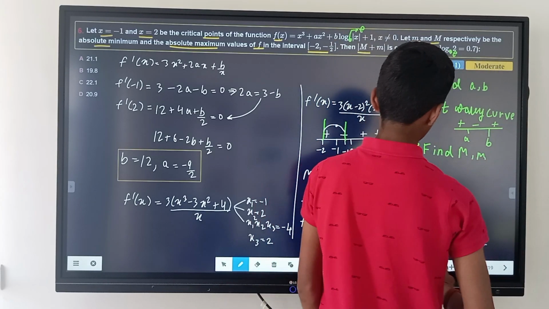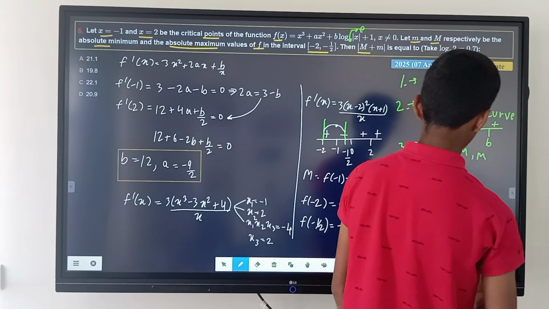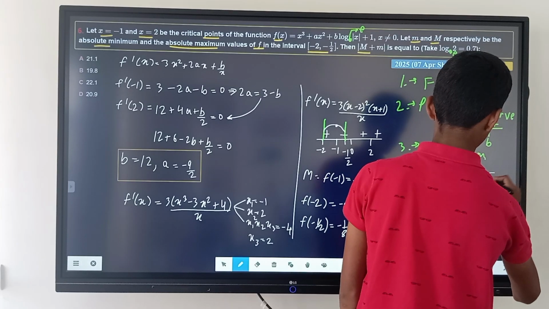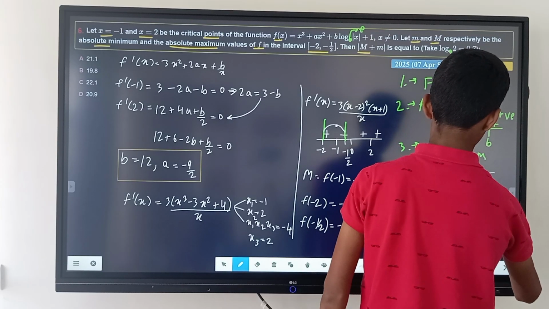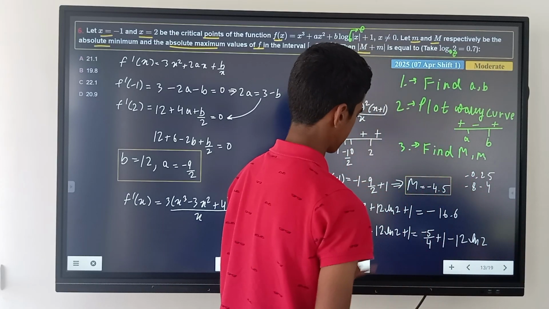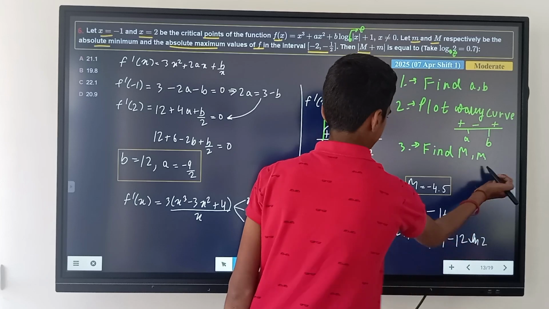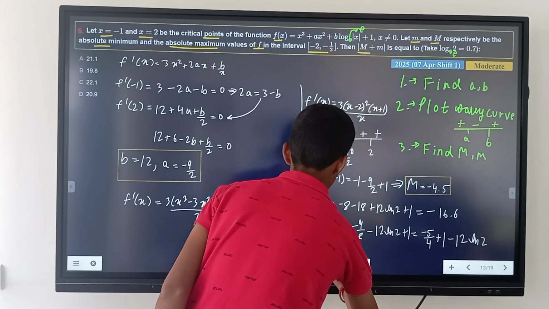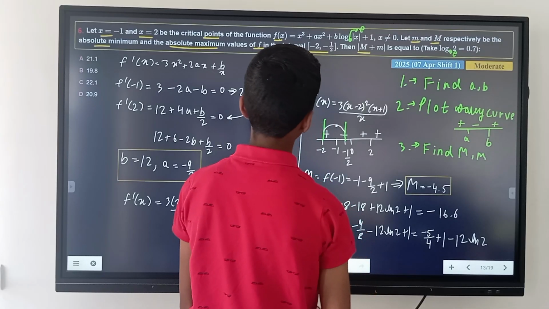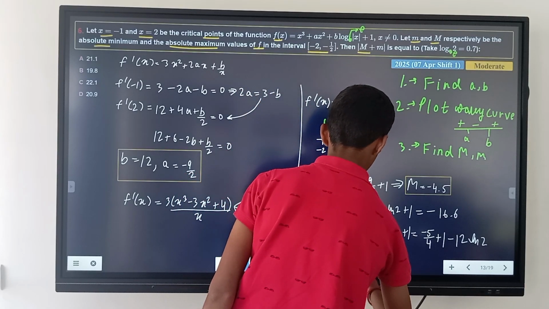Let's calculate: minus 0.25 minus 8.4. So from here we can see that f of minus 2 is less than f of minus 1 upon 2. So small m is equal to minus 16.6.